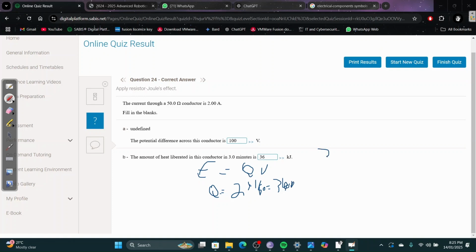Okay, 360 times 100, because QV, and we have Q and V, gives you 36,000. Now we're going to remove 3 zeros, and this gives us 36. Remember, where you have 36,000 joules, we divide by 10 to the power 3 to give us the kilojoules.